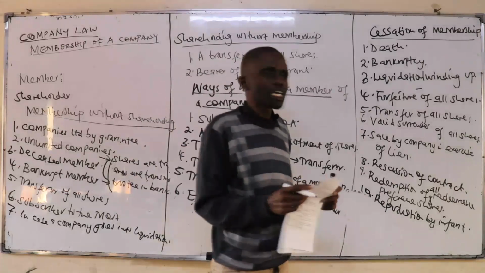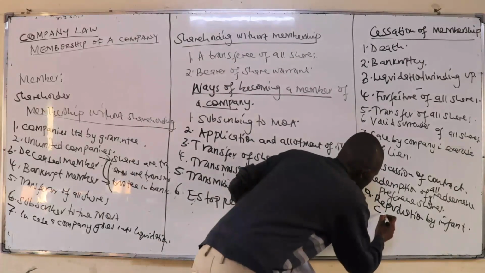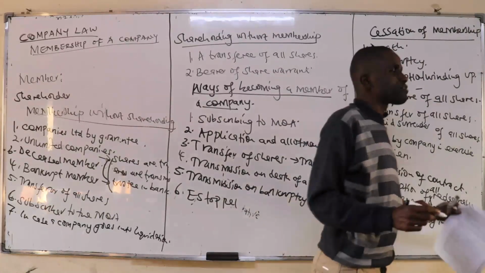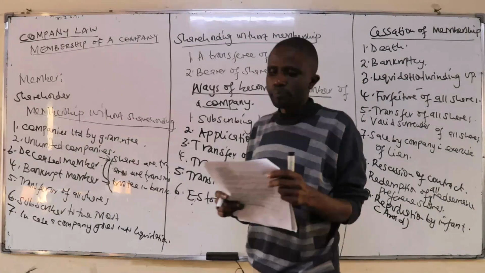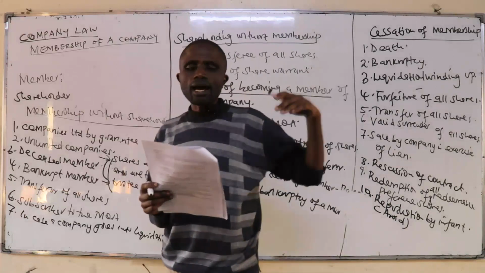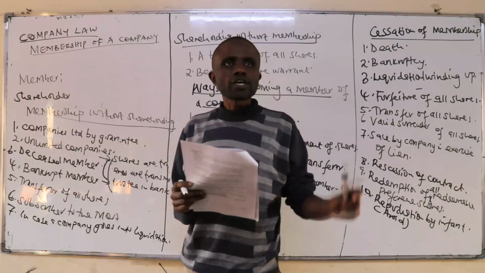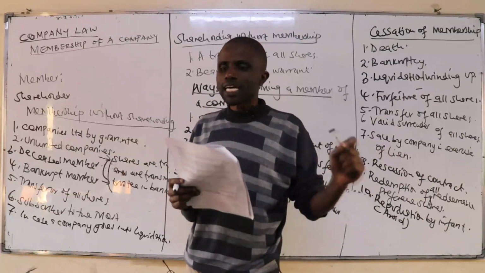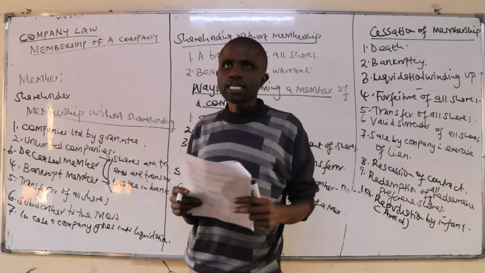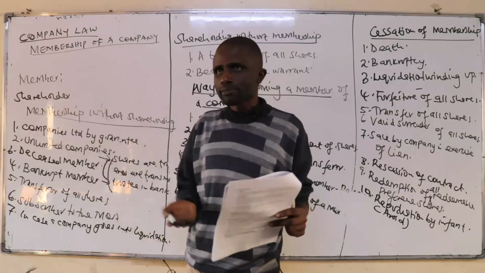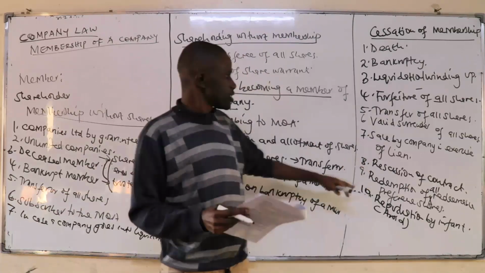The infant can decide to repudiate the contract, meaning the infant decides to avoid it. And as long as he avoids it within reasonable time, before he attains the age of majority or after attaining the age of majority.